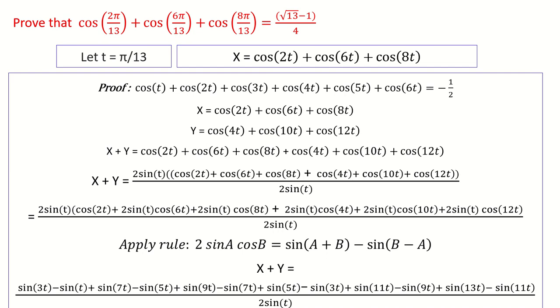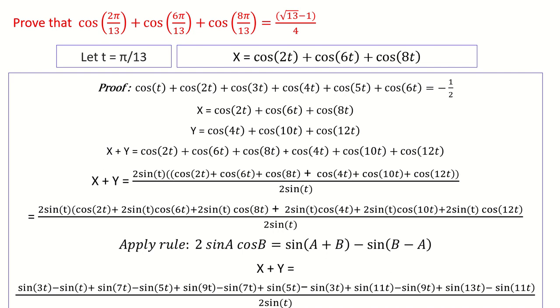x plus y equal to cos 2t plus cos 6t plus cos 8t plus cos 4t plus cos 10t and cos 12t. I will eventually prove that this is the same as cos t plus cos 2t up to cos 6t. So now x plus y equal to, I am multiplying 2 sin t in the numerator and denominator.